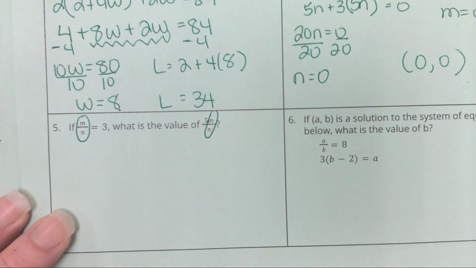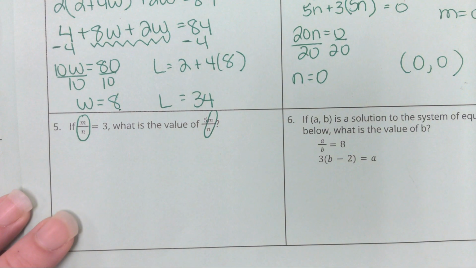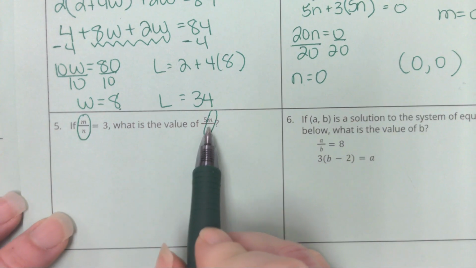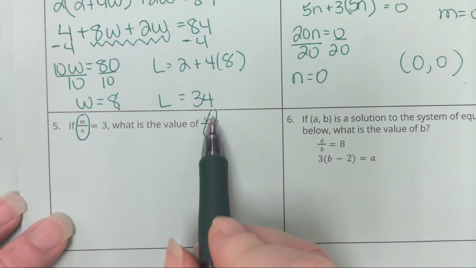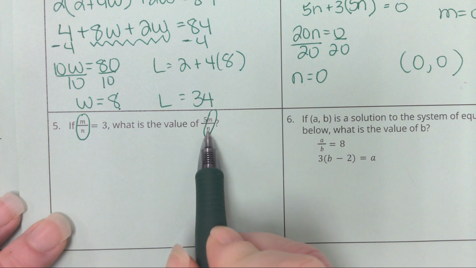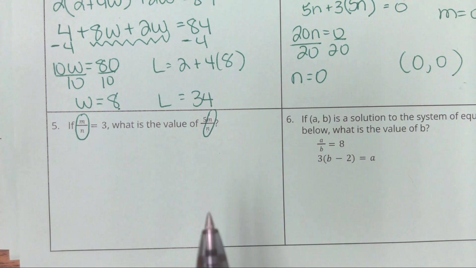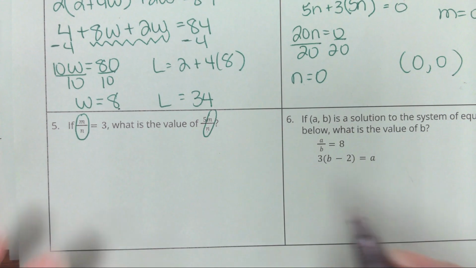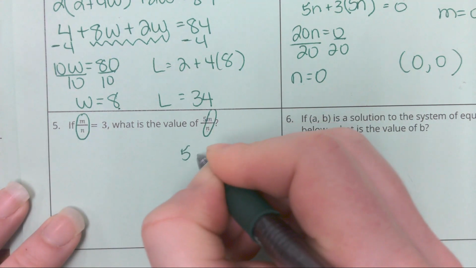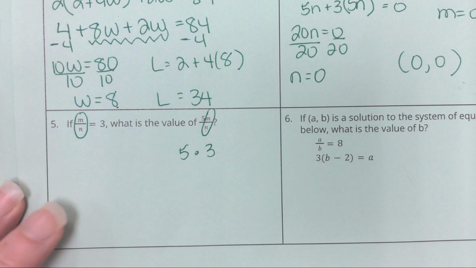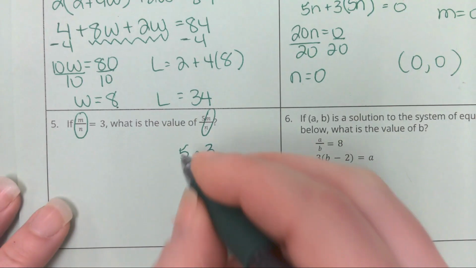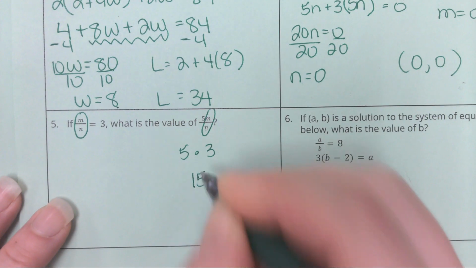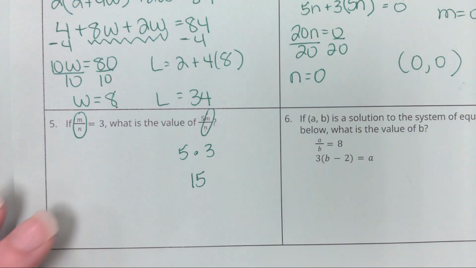What does m over n equal? 3. So I could take this m over n right here out and put what in its spot? 3, but there's a 5 in front. So this would be 5 times 3. The value of that would just be 15. Okay.